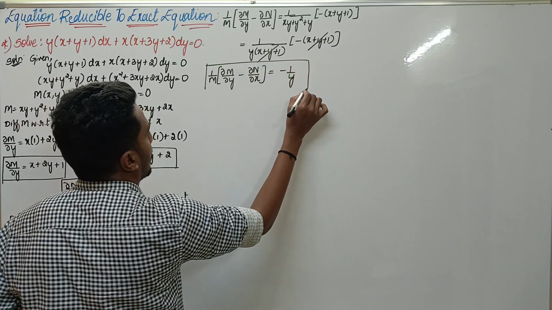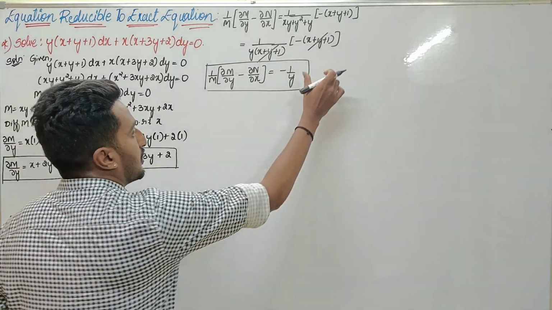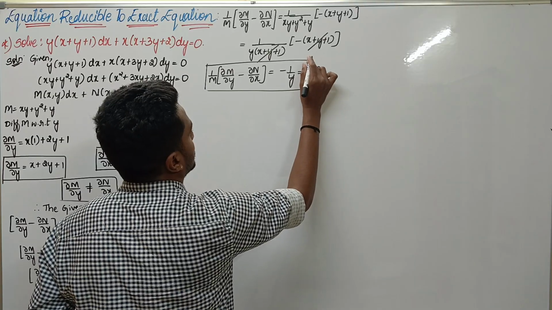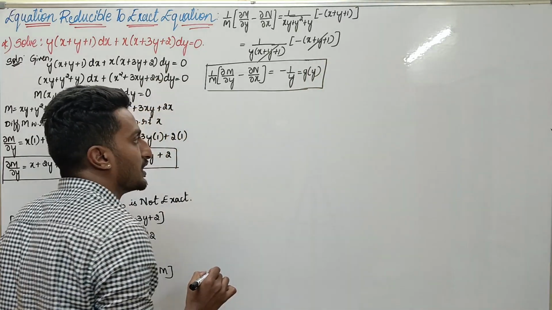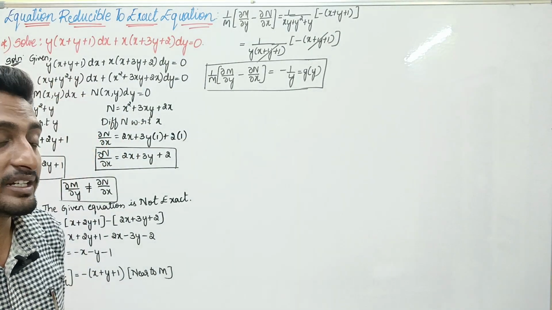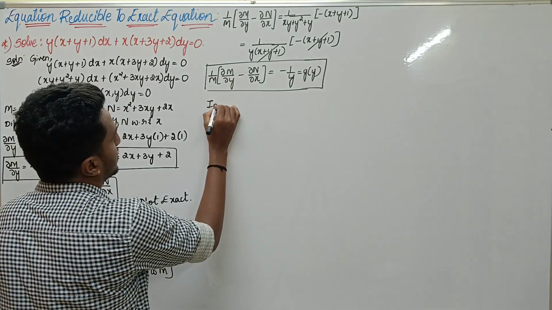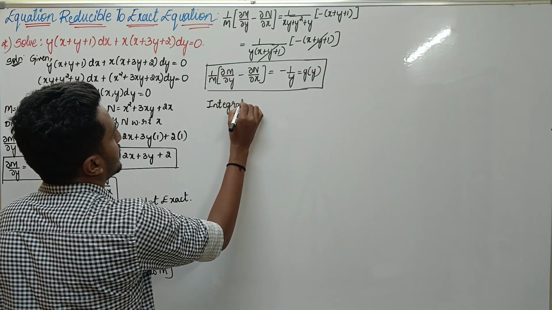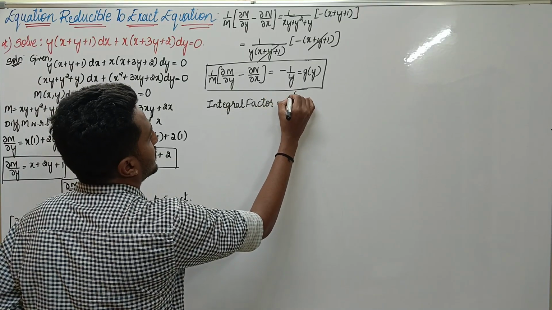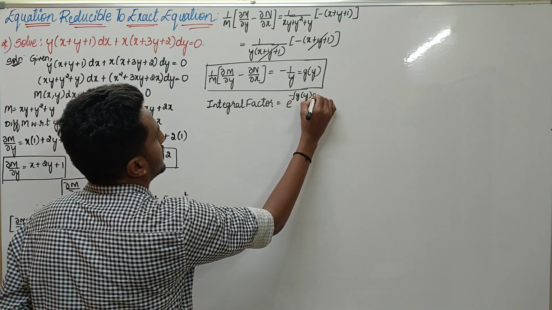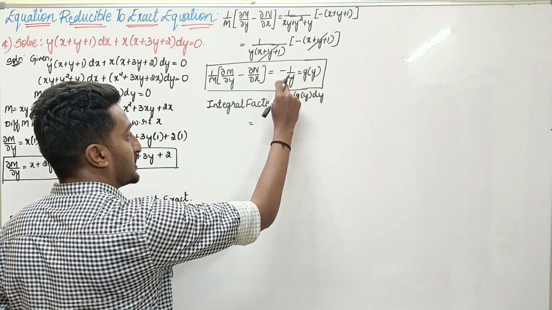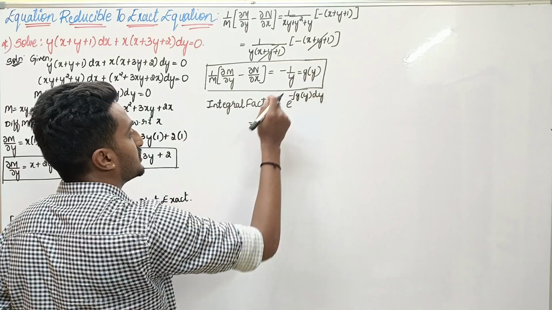Since the expression is a function of y only, I am going to represent it as g of y. After representing g of y, I am going to find the integrating factor. The integrating factor is given by e power of integral of minus g of y dy. Since the equation is defined with respect to y, I have defined it with respect to g of y.